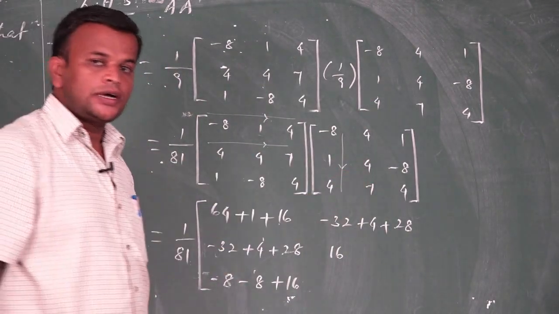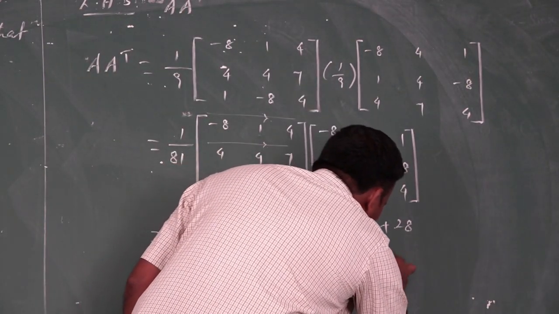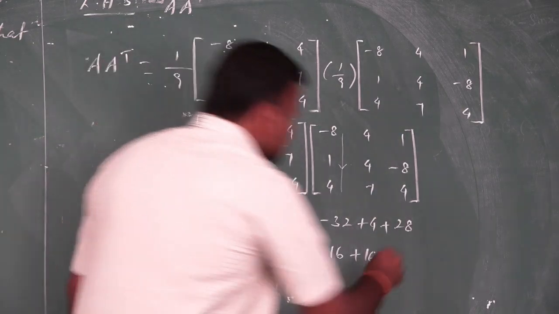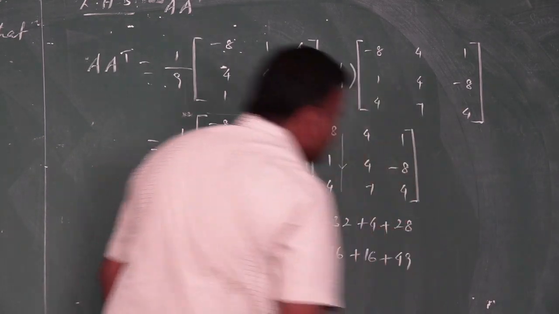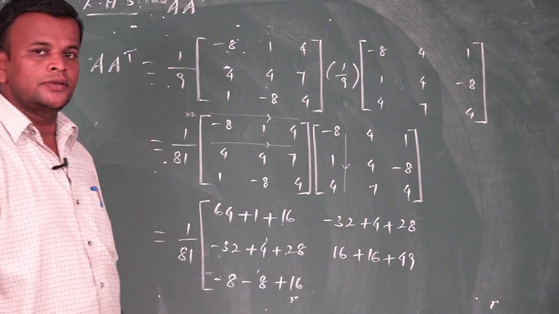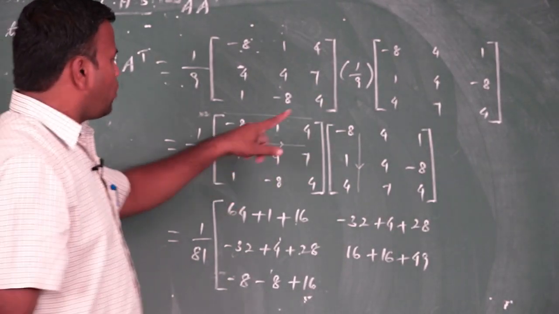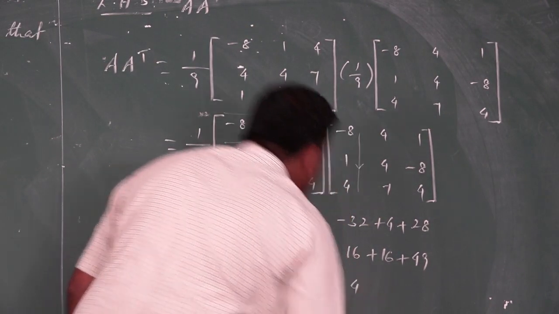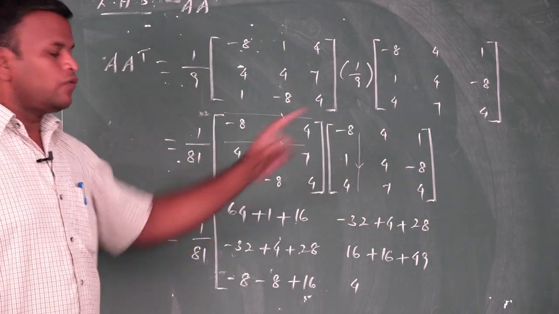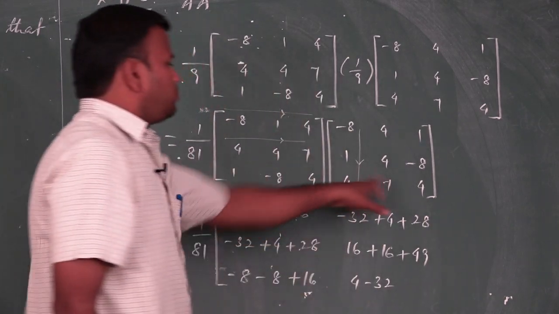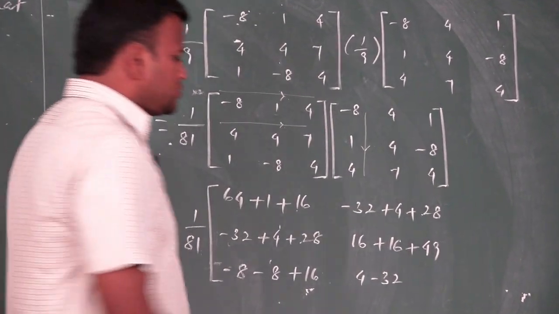Again 4 fours are 16. 7 sevens are 49. The next step is we take the third row and second column. 1 fours are 4. Minus 8 fours are minus 32. Plus 4 sevens are plus 28.